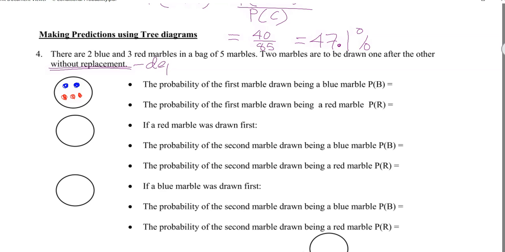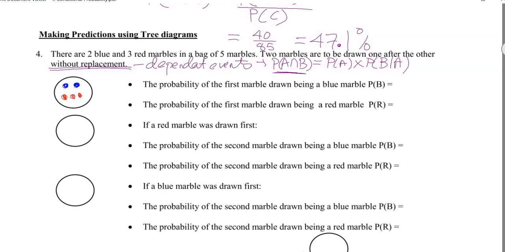Dependent events. Which means probability of A and B is the probability of A times the probability of B given A. On your formula sheet, you're going to have 2 formulas for the probability of A and B. One of them is for dependent events, which is this one.